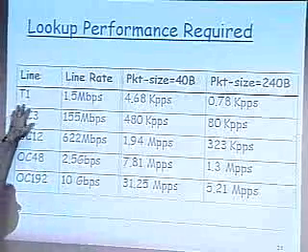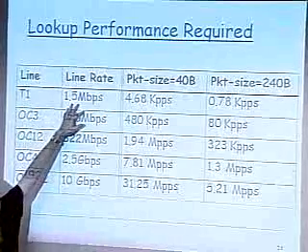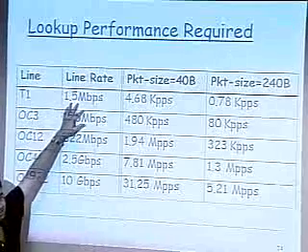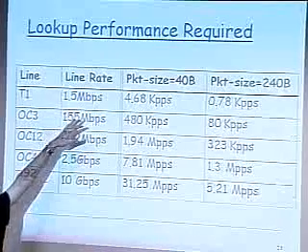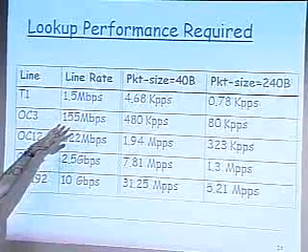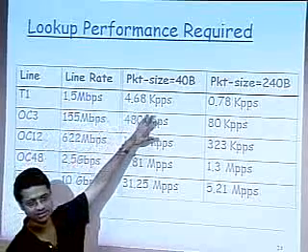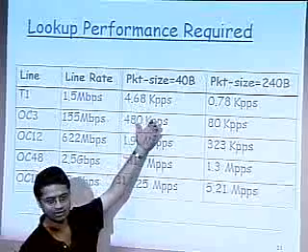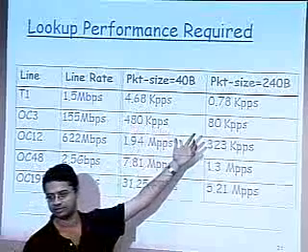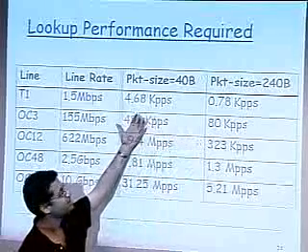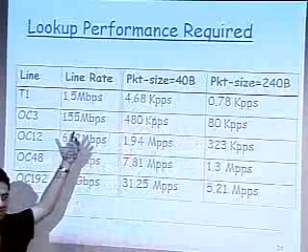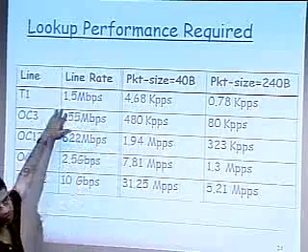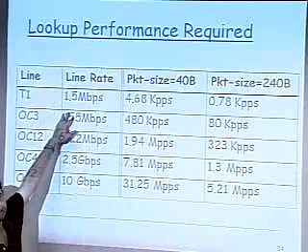So if you have a T1 line, the bandwidth is 1.5 megabits per second. Now depending on the packet size, the portion of that bandwidth that belongs to the header is going to be different. So the smaller the packet size, the more headers you have to process for the same equivalent bandwidth.